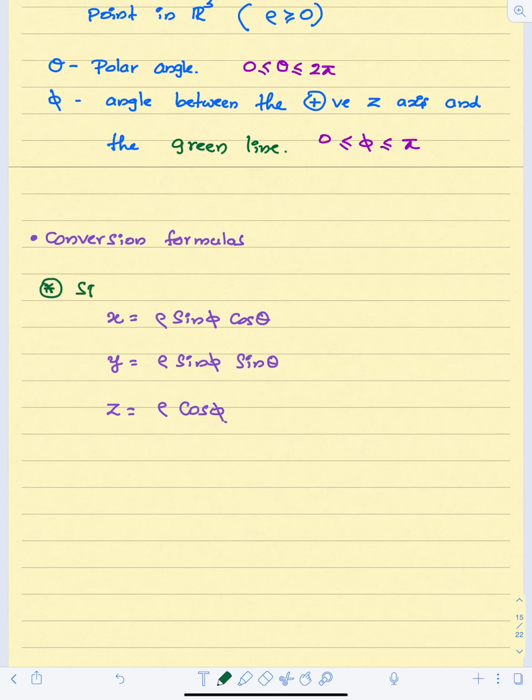Spherical to Cartesian, so rectangular, say.